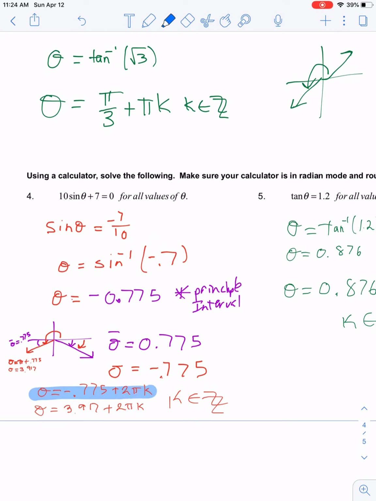That's acceptable because all my answers are coterminal to negative 0.775. But to find another angle, because I know that sine is also negative in quadrant 3, and I know that it would have the same reference angle as negative 0.775. So if I reason through this, I know that the angle is going to be more than pi, and how much more than would be the same as the reference angle.